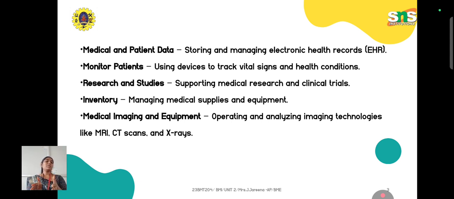Like the entry inventory when it's coming inside, the maintenance date, how many times it has been maintained, when it has to be troubleshot, when it's going outside, in which department there are how many sets of equipment, which device belongs to which department. Like this we have so many things. If you take one device, we have so many columns to be entered.